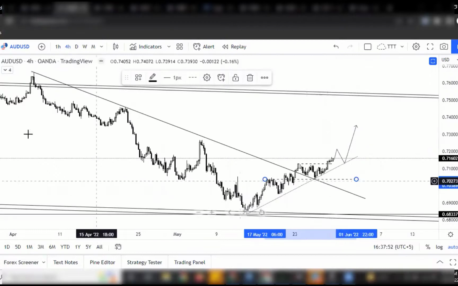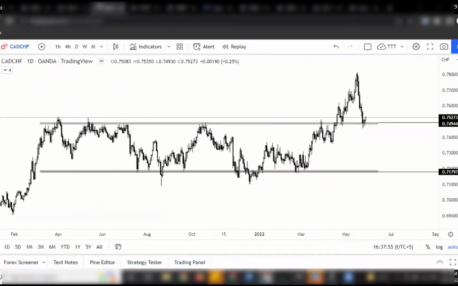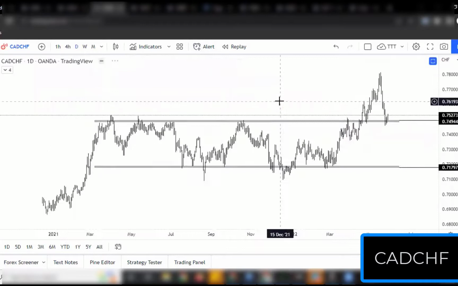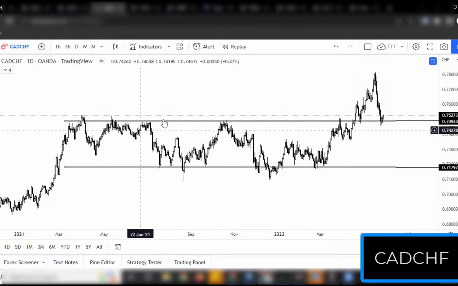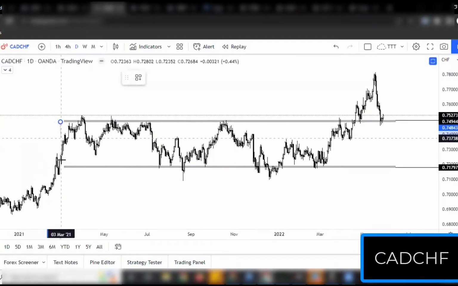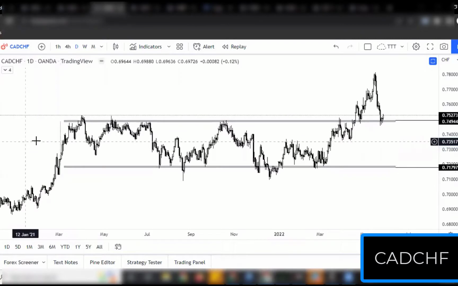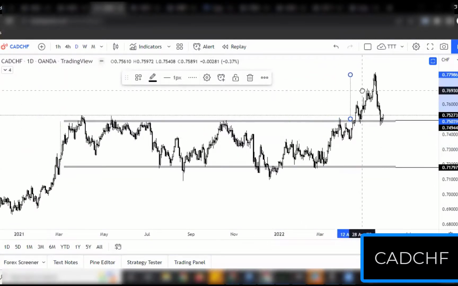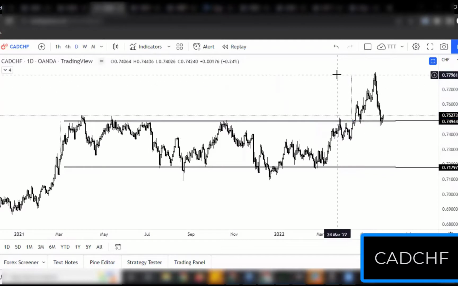The next one is CADCHF. Well, CADCHF has been trading in a range, and then we saw a good breakout from the range. The price has completed this upside target, and we see a rejection right from the target point.